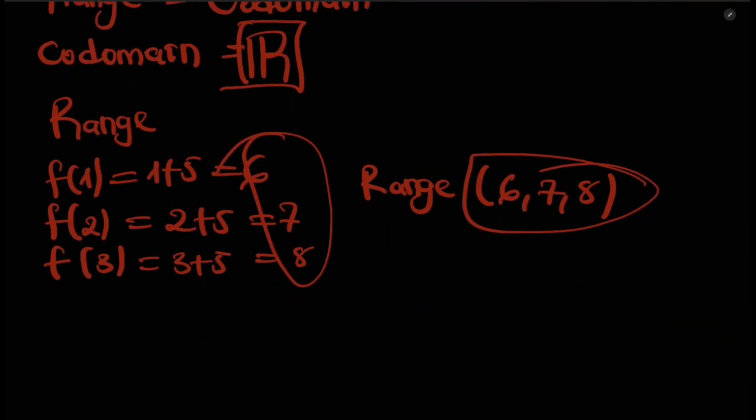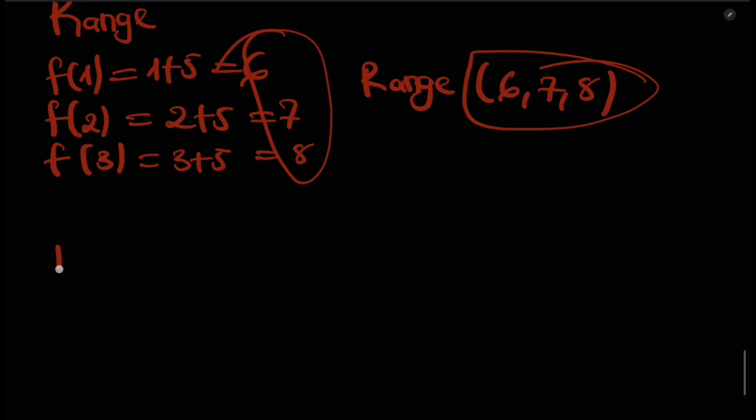Now let us go to the third case, which is bijective. In bijectivity, we need to know that for a function to be bijective, it has to be both injective and surjective.